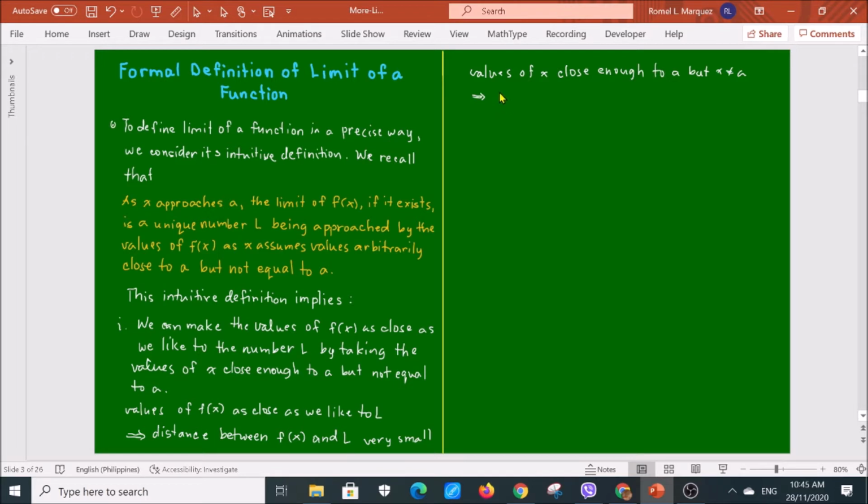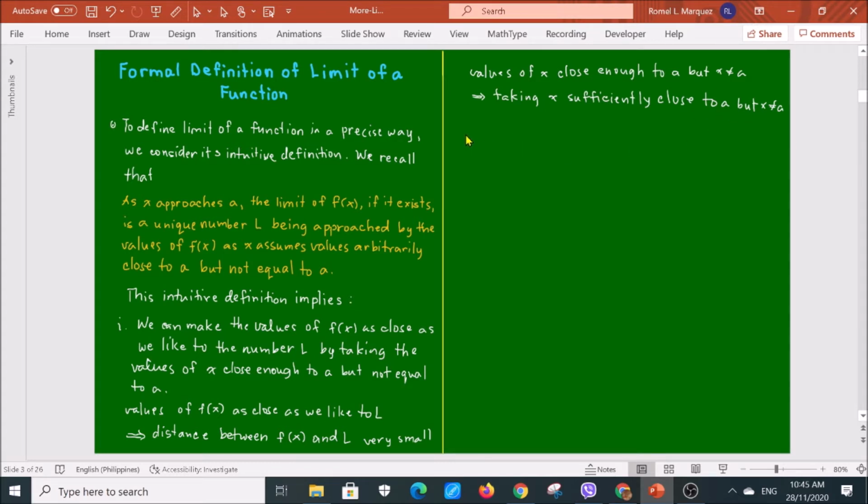Taking x sufficiently close to a. But of course, x not equal to a. So that's what we mean by values of x close enough to a but not equal to a. Taking x sufficiently close to a but not x equals a.